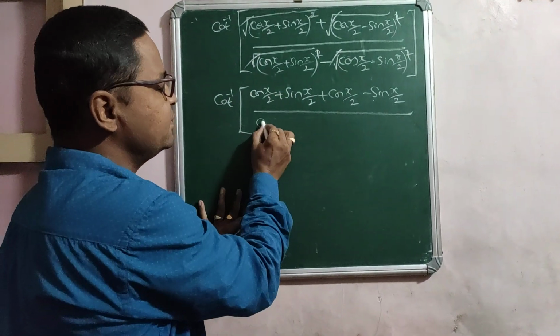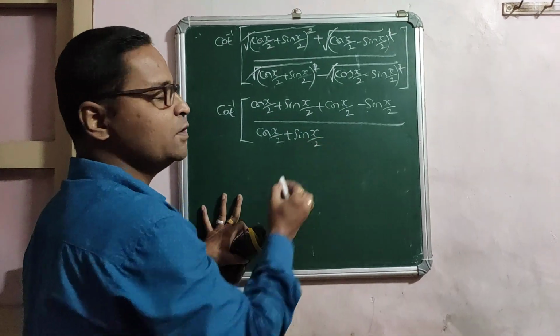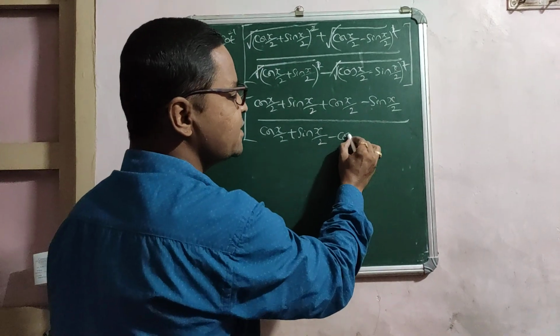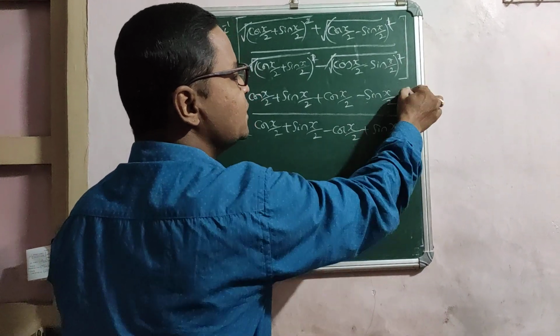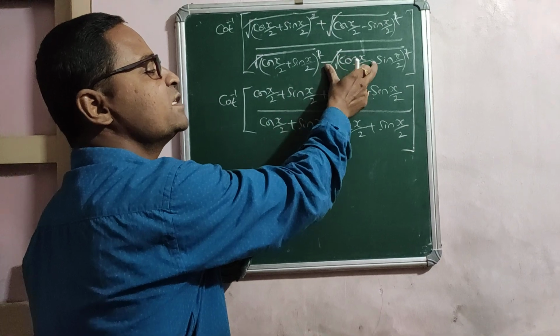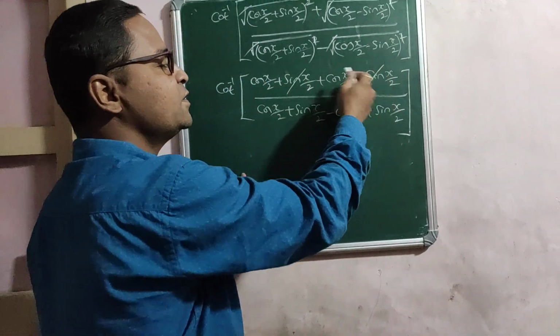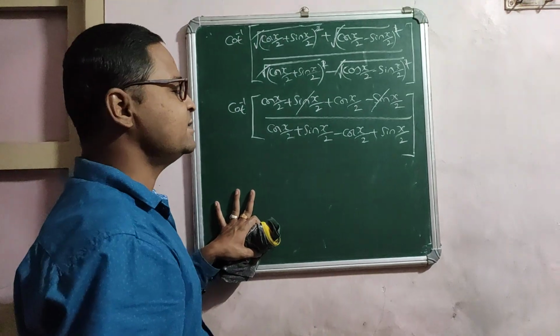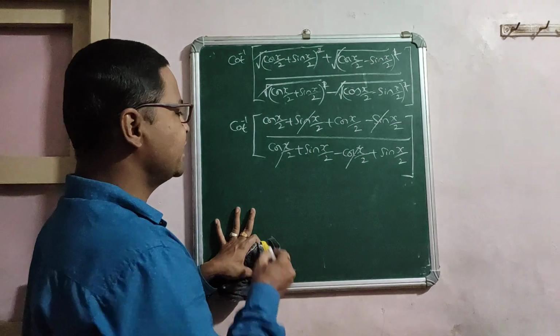So we have the term cos x by 2 plus sine of x divided by 2 minus cos x by 2 plus sine of x divided by 2, because minus into minus will be plus. So now sin x by 2 in the numerator gets cancelled. In the denominator cos x by 2 gets cancelled.